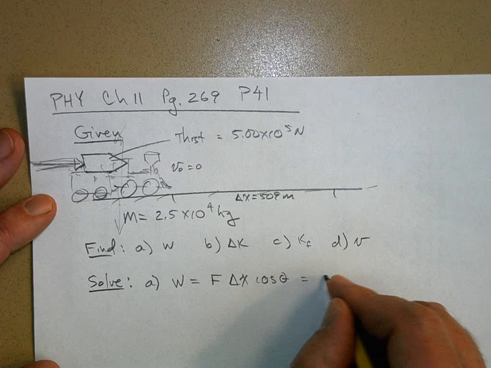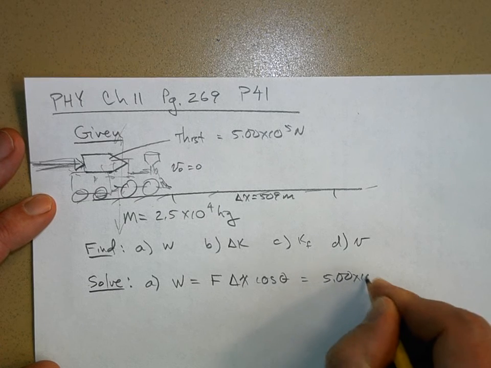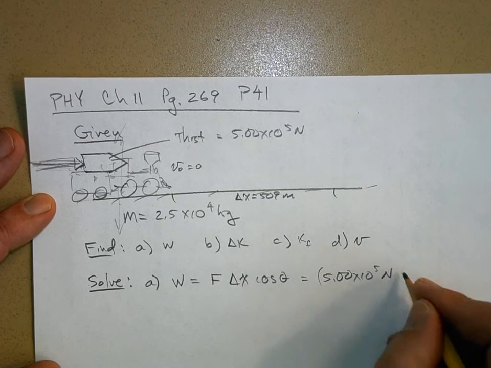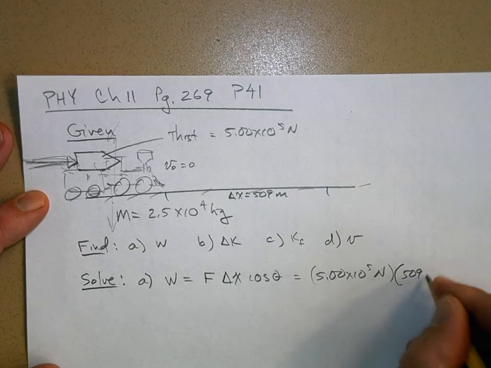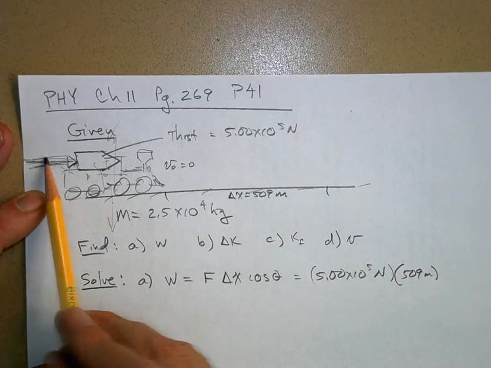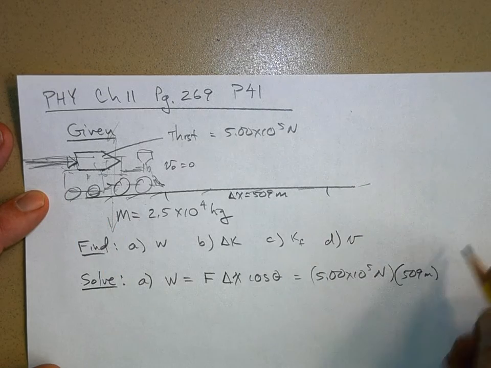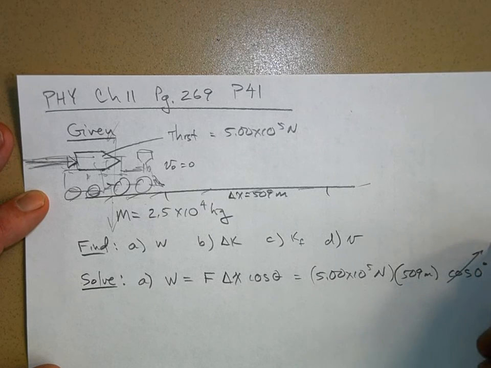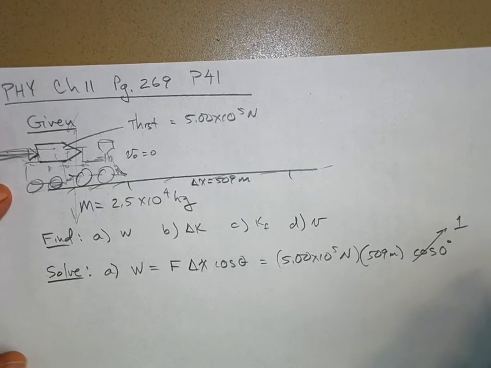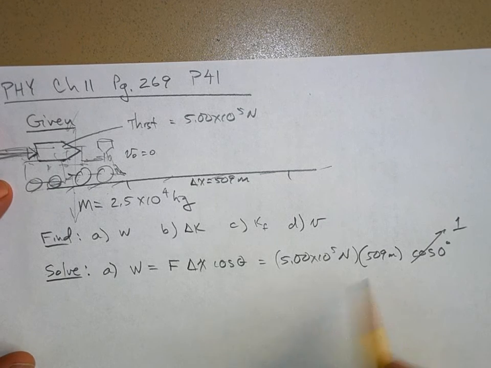Well, that's going to be 5 times 10 to the 5 newtons times 509 meters. Now, the thrust is to the right and the displacement is to the right, so the angle between them is 0, and the cosine of 0 degrees is just 1. So it doesn't affect. We just go this times this.